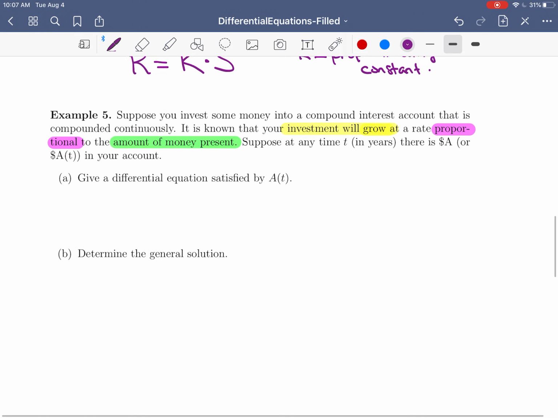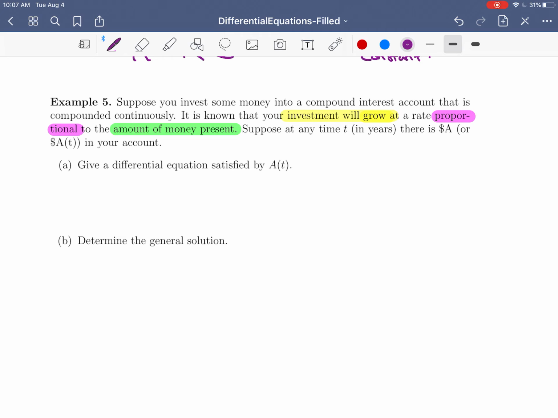That means the rate of change of your investment, the rate the investment changes, is proportional to the amount in your account, which is A, or A of t.